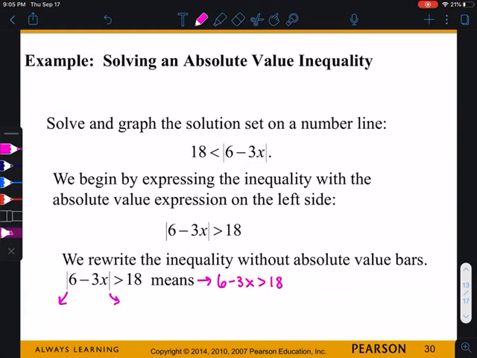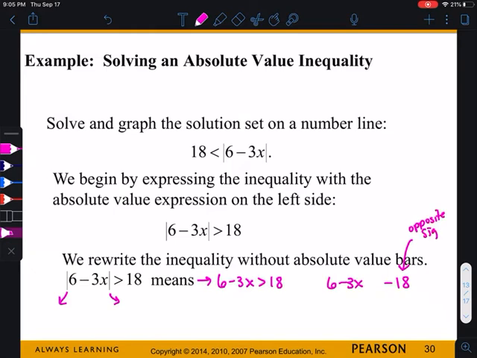Just like our equation, exactly how it's written, we would write it out, right? We don't have anything from the outside of the absolute value bars to get rid of to begin with. And then when I go to my opposite value, I'm going to have 6 minus 3x, and if I'm changing from a positive 18 to a negative 18, I'm really taking the opposite sign.